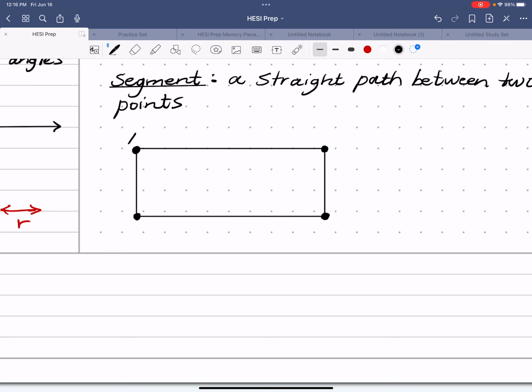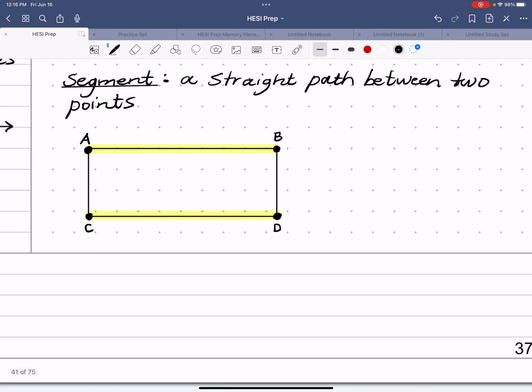And maybe this is point A and this is point B. So there's a line segment, A to B. And then maybe this is C and this is D. So there's another line segment, segment CD. So we could say that segment AB or BA, you can go either way.